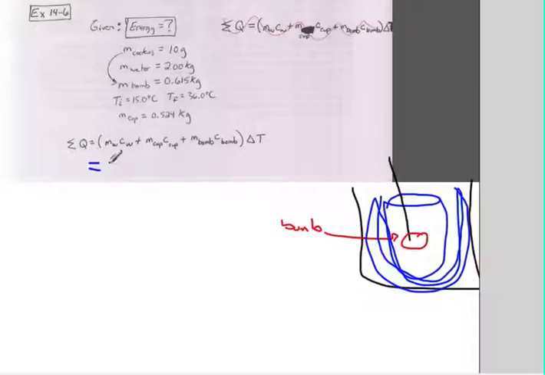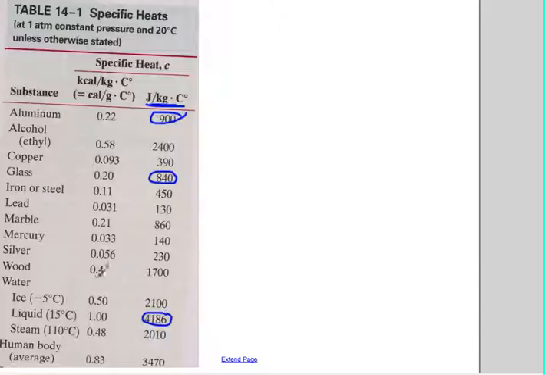So we said that the water was 2 kilograms. So we're going to go 2 water. We had specific heat, well, it was, let's go back and look. So water was 4186. In this one, let's see what they asked us. It said determine the energy content.